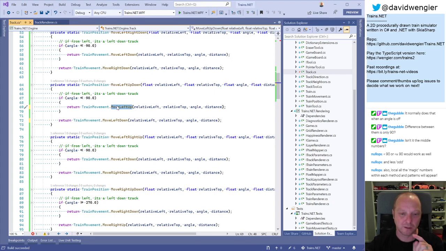And so, left, up means we're coming in from the top, which means our angle is 90. 90 but going to 180. Between angles, angle 90, 180.